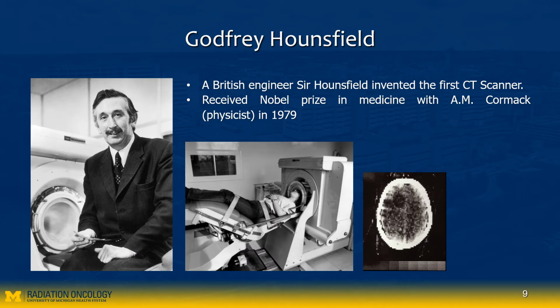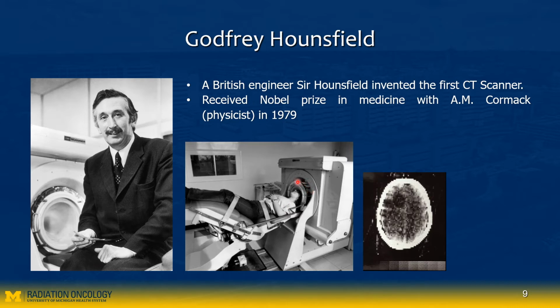All right, this gentleman here is Dr. Hounsfield. The Hounsfield name comes from his name. He's a British engineer. He invented the first CT scanner, and he later received the Nobel Prize in medicine. So this is actually his picture with the first CT scanner.